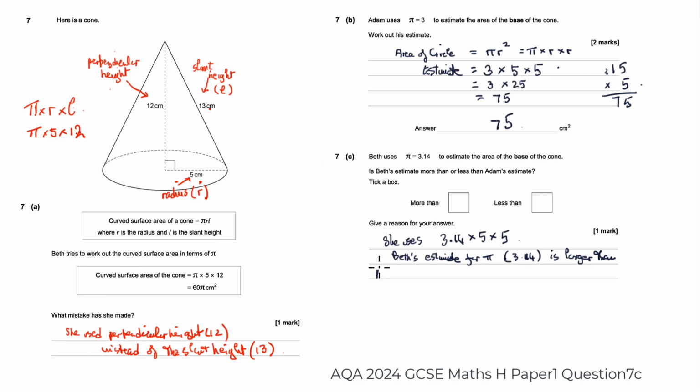So therefore Beth's estimate will be larger than Adam's estimate. So we're going to have the more than box ticked for that one. There we go.